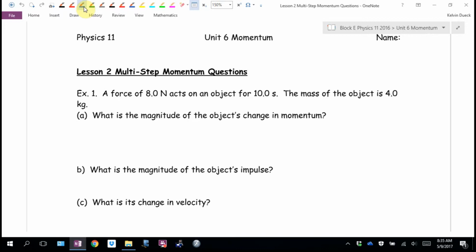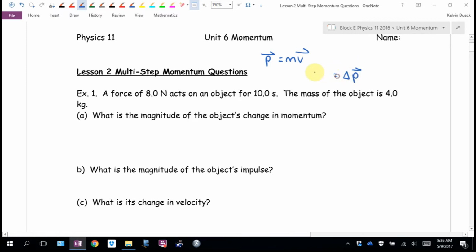What we're going to be using today, Jenna, is first of all the concept that momentum is mass times velocity, and that change in momentum can be written in two ways.